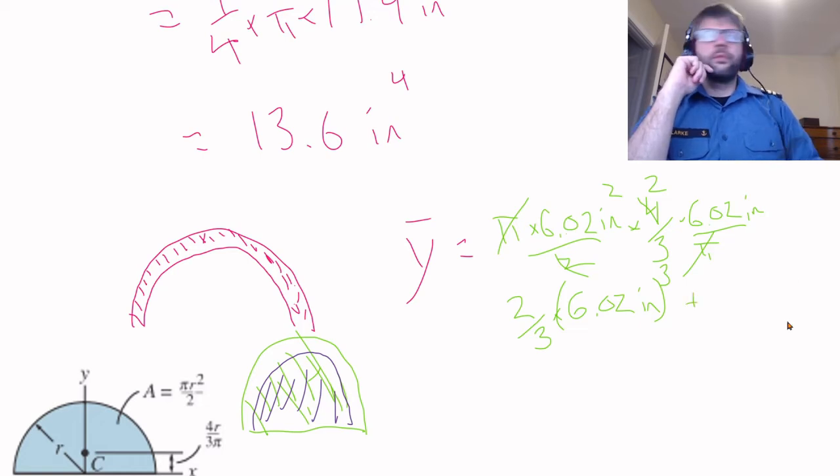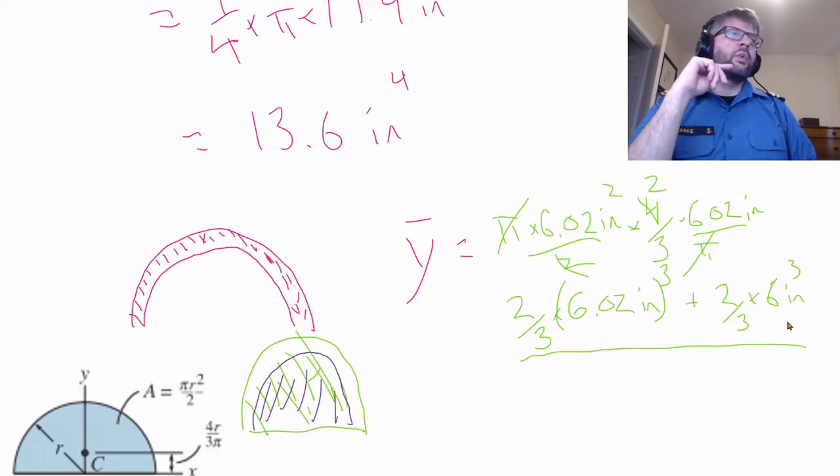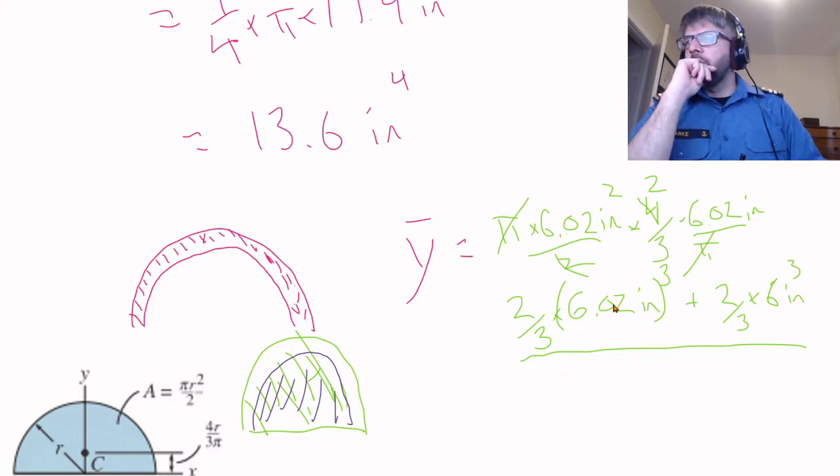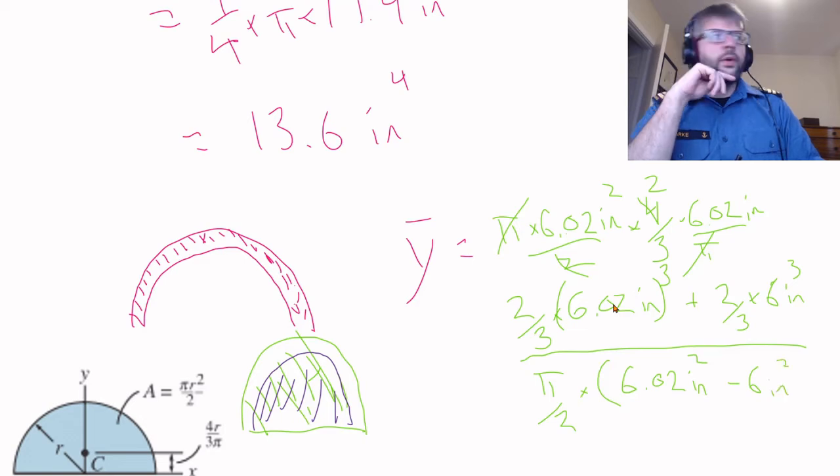plus the same thing for the negative section. So that'll also be 2/3 times its r to the third. All that divided by the total area. So that'll be pi over 2 times 6.02 inches squared minus 6 inches squared.